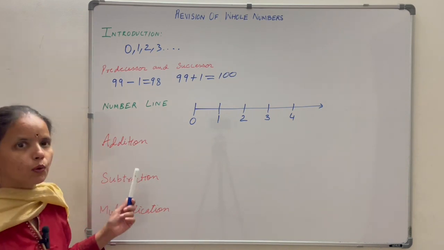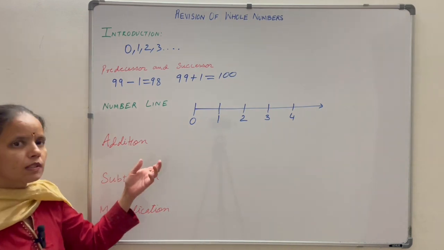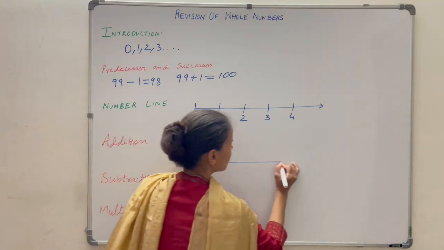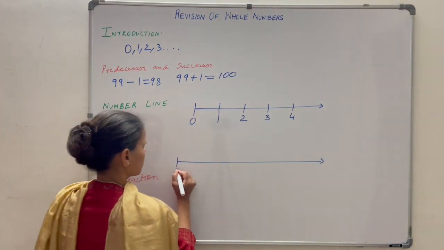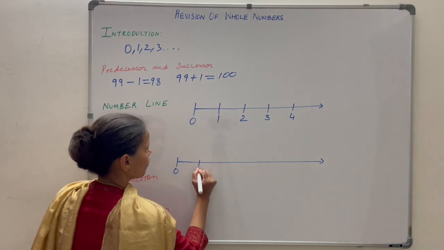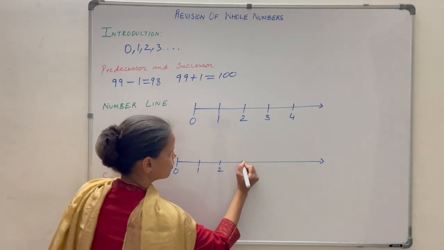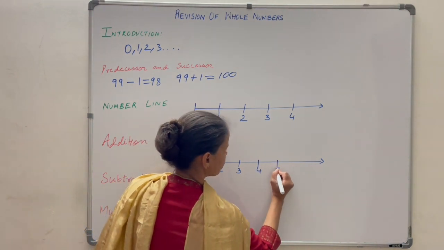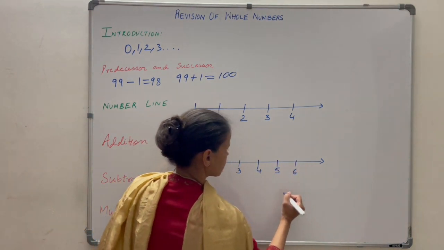Let us see how to add whole numbers on a number line. First you need to draw a whole number line. So this is 0, 1, 2, 3, 4, 5, 6.